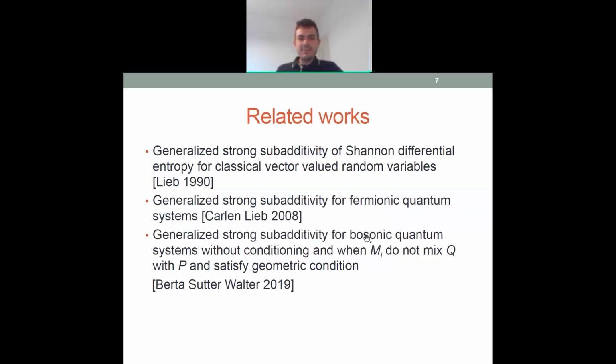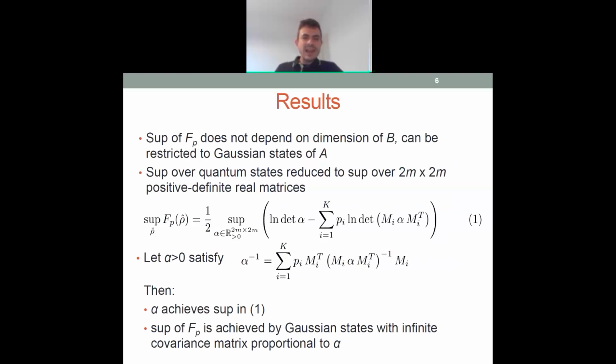That inequality concerns the simpler case where there is no conditioning in the quantum systems, and where the subsystems have a particular form. In this form, the matrices M_i that define the subsystems do not mix position and momenta, and satisfy some technical geometric condition. So this is a particular case of the inequality I just showed you that computes the maximum of this function.